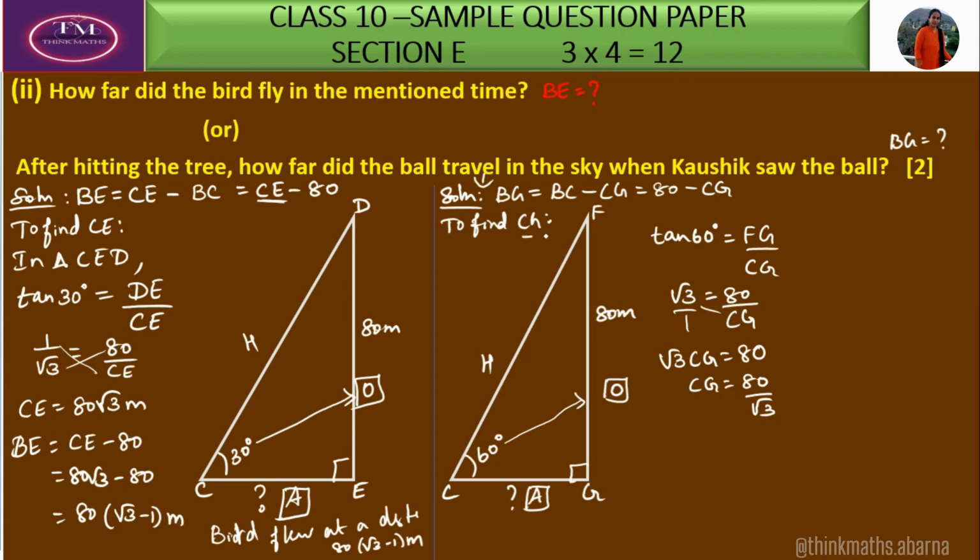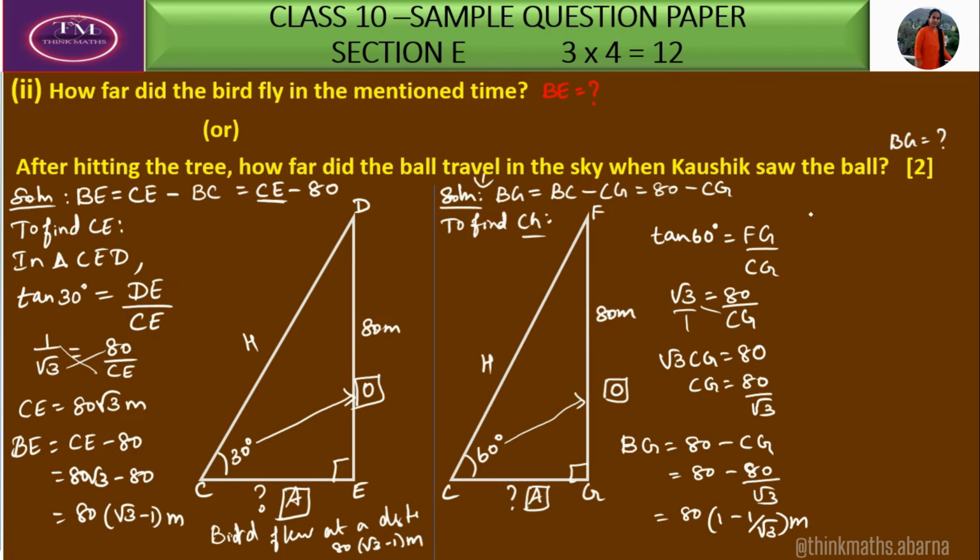So we got CG. So now what is BG? BG is equal to 80 minus CG. So 80 minus 80 divided by root 3. If we take 80 outside, it will be 80 into 1 minus 1 by root 3 meter. So this is the distance the ball has traveled in the sky.